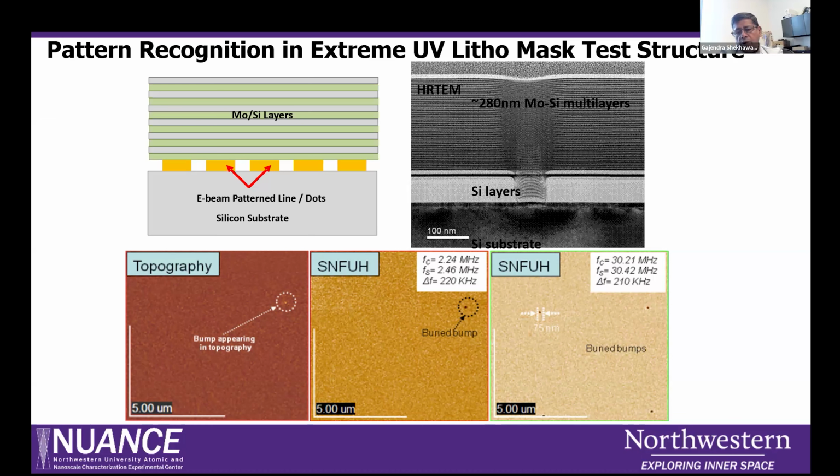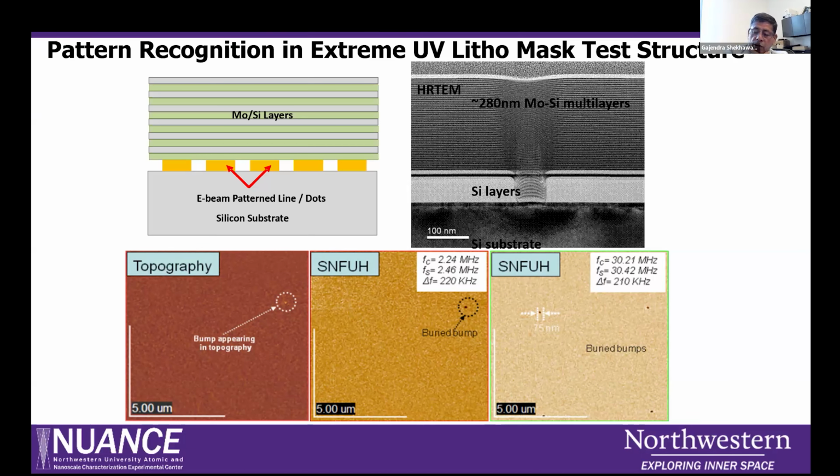And increasing the frequency also improves your resolution, because if you increase the frequency, your wavelength decreases. Okay. So when we increase the frequency, you can see those features which do not appear at 2 megahertz; they appear at 30 megahertz, those isolated defects. So you can see here, basically by tuning the frequency, we can go a little deeper inside the surface and see those defects.